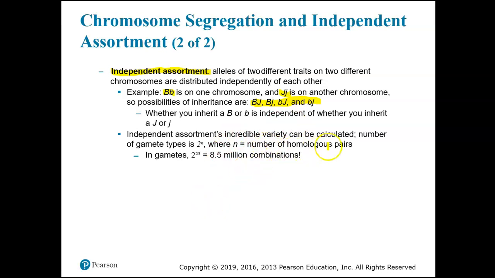N is the number of homologous pairs, which is 23. In gametes, egg or sperm, we have 2 to the 23rd power, or 8.5 million possible combinations just due to independent assortment, which means 8.5 million different varieties are possible in the offspring.